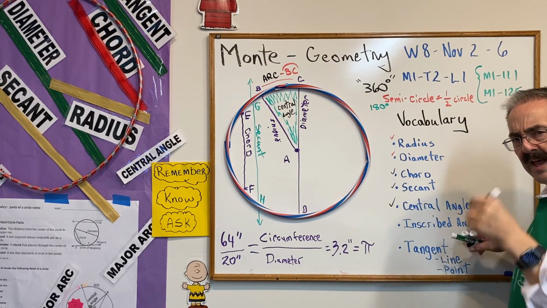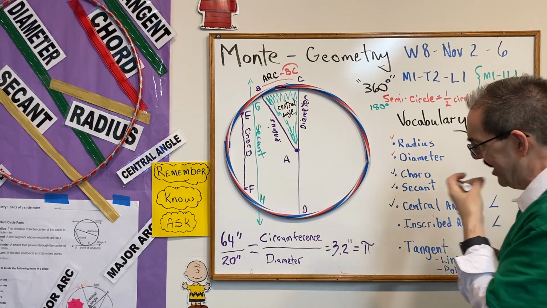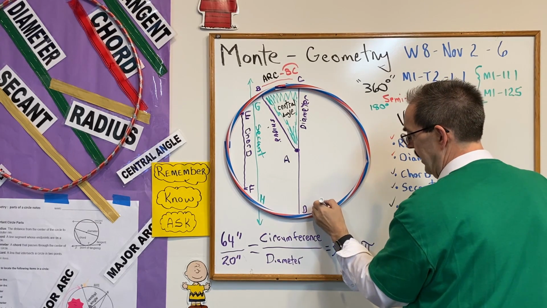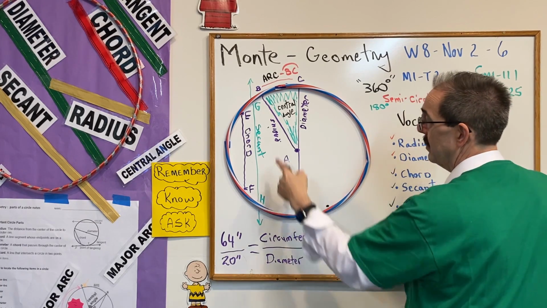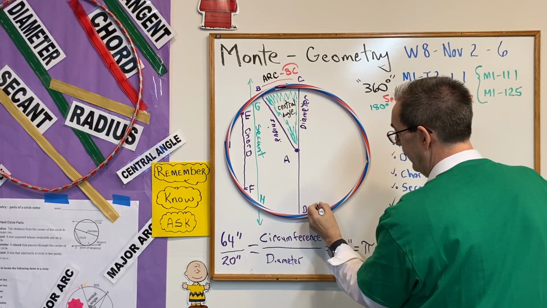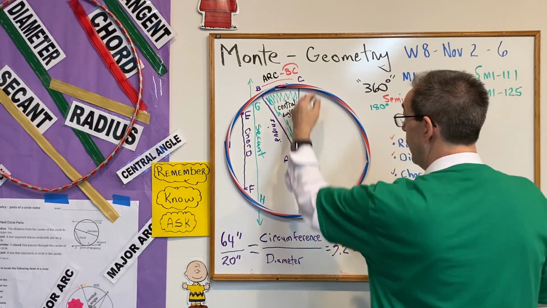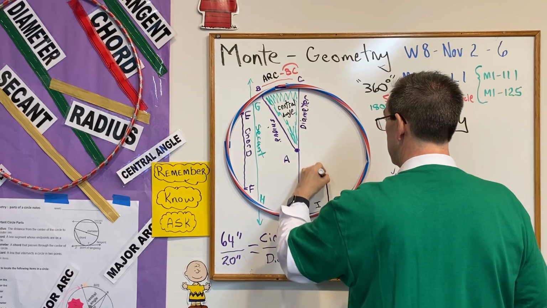Inscribed angle. An inscribed angle starts at any given point. GH, we'll call this I. Goes across the circle.